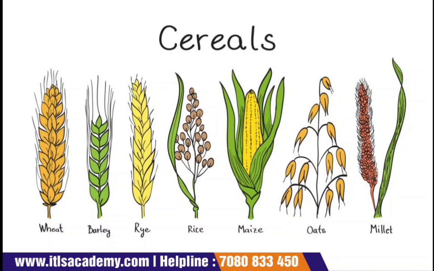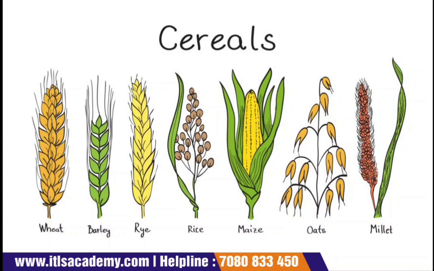But again, bread is eventually rich in carbohydrates, meaning the major portion of nutrients that you consume from any kind of cereal, not only bread, is carbohydrate. If you consume rice, in the market there are so many different types of rice available.